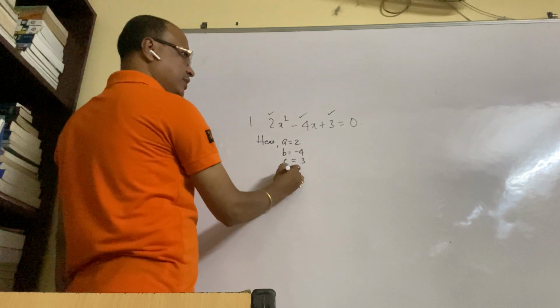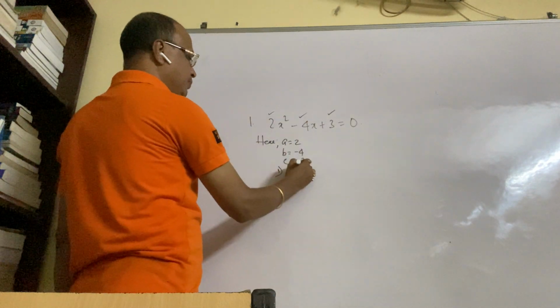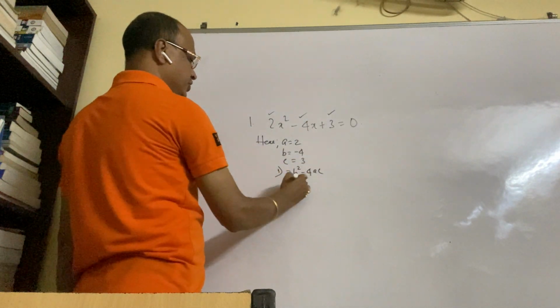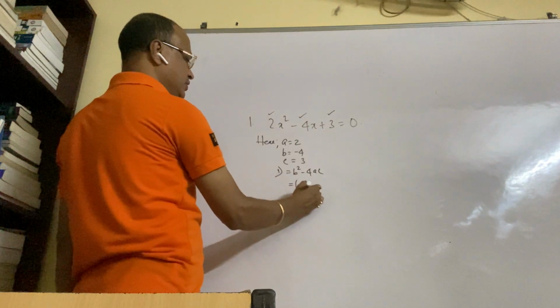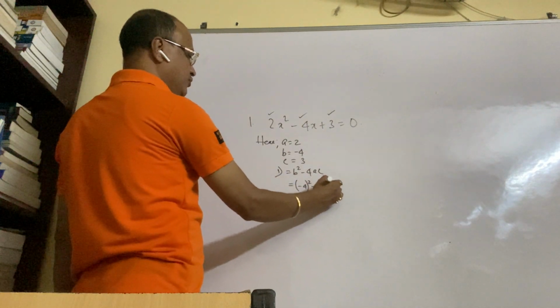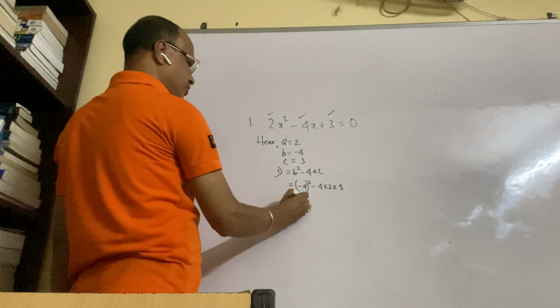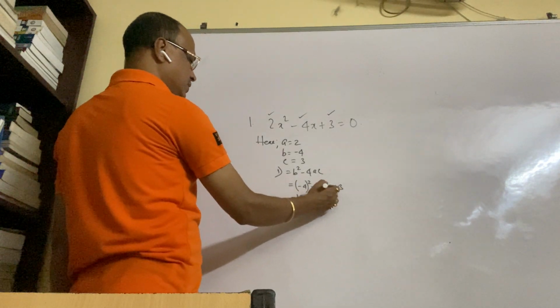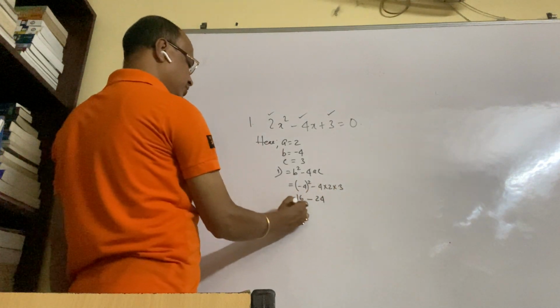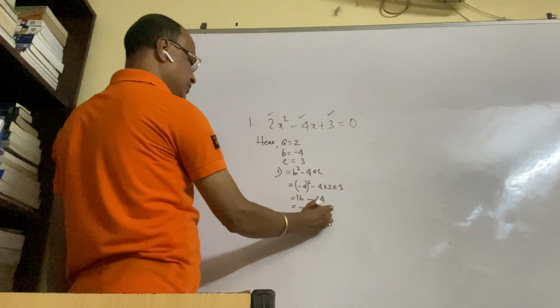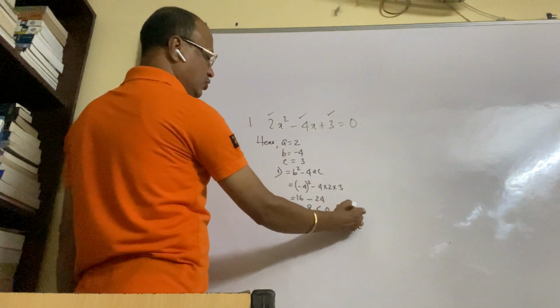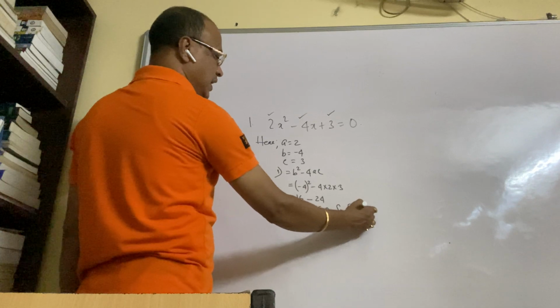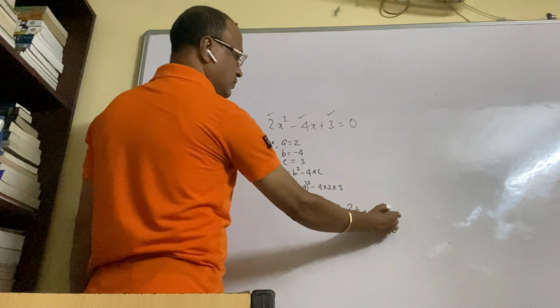So we find D. D equal to B square minus 4AC. So B square minus 4AC means minus 4 square minus 4 into 2 into 3. So it comes 16 minus 24. 16 minus 24 means minus 8, less than 0. So roots are imaginary.